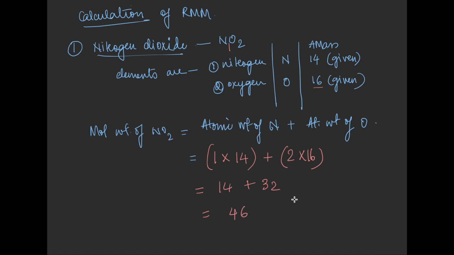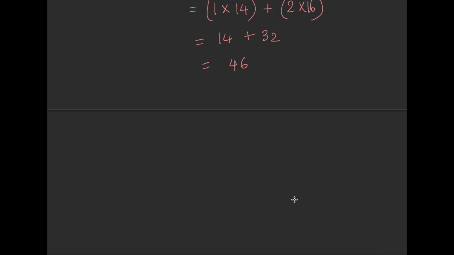Similarly, you can calculate the molecular masses of other compounds. Let's take another example, HNO3, which is nitric acid. Here there is one atom of hydrogen.